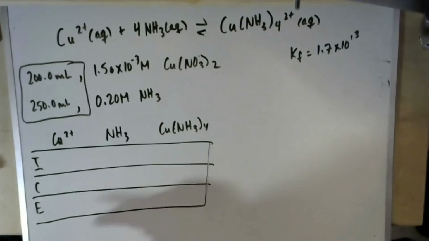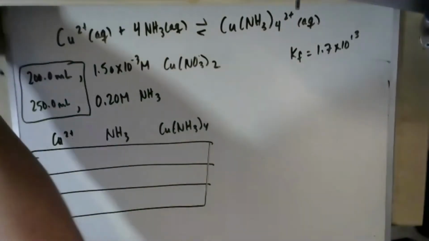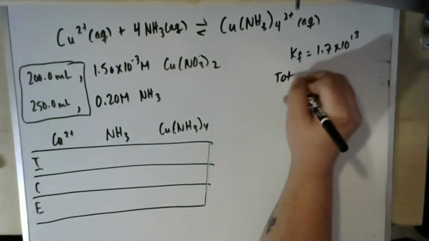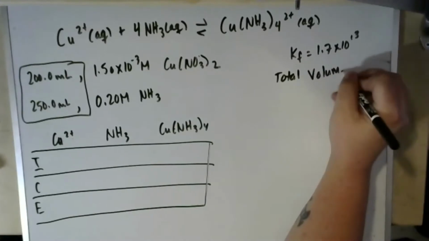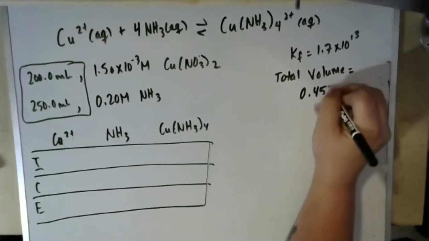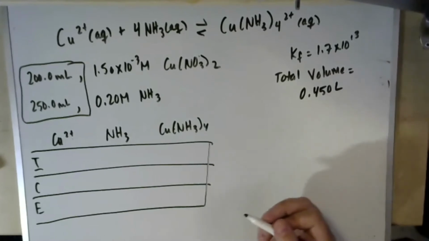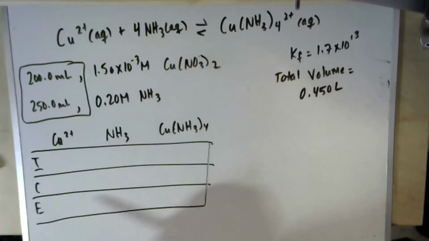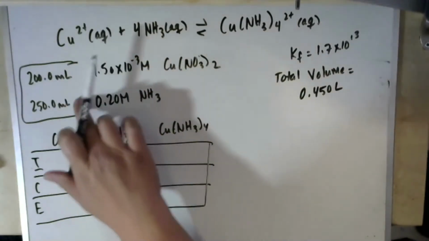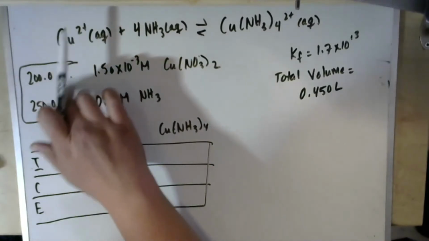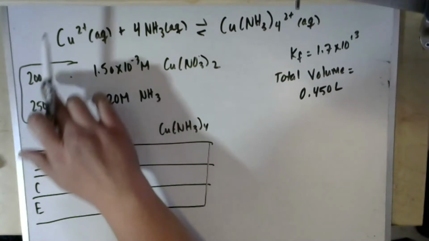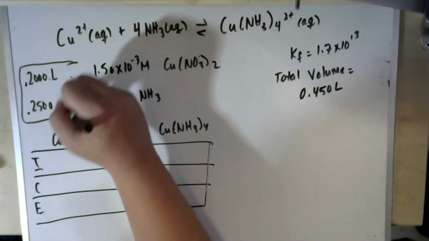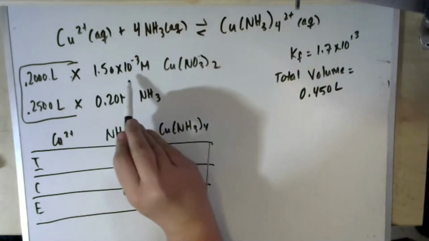Okay, so I have a total volume of 450 milliliters or 0.450 liters. Okay, so I need to calculate the moles of my copper and the moles of my ammonia. So to do this, I'm going to convert this into liters and multiply it by my molarity.